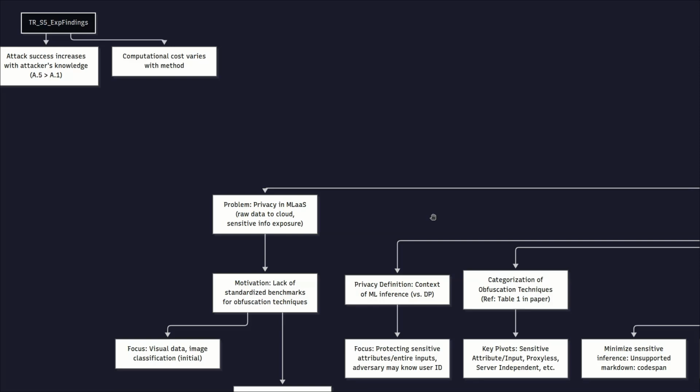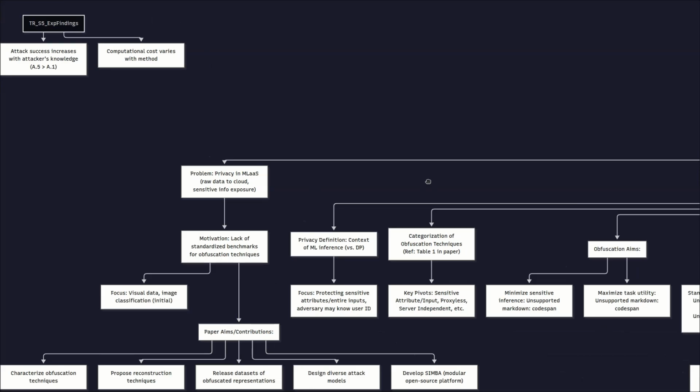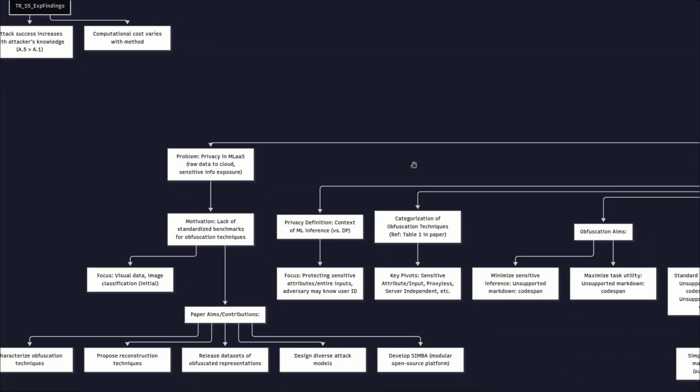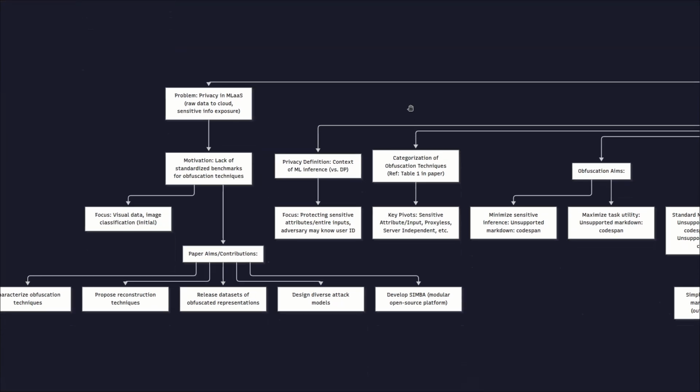So what is the SIMBA platform? It is a Python based framework that integrates obfuscation techniques, attack models and evaluation metrics. It allows researchers to test how well different obfuscation methods protect data against attempts to reconstruct sensitive data, providing a standardized way to compare privacy and utility.